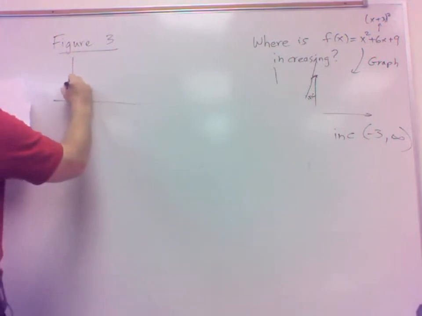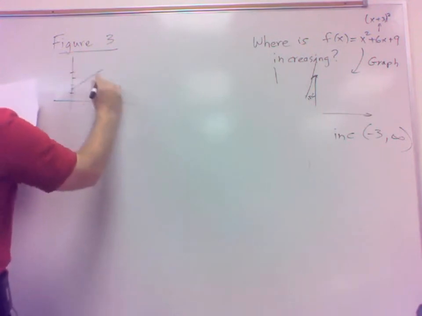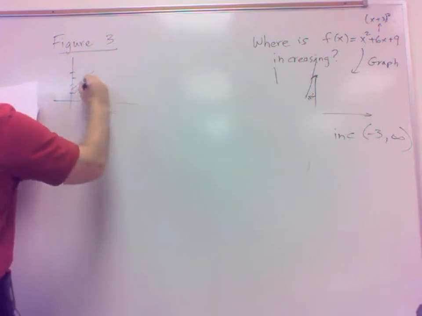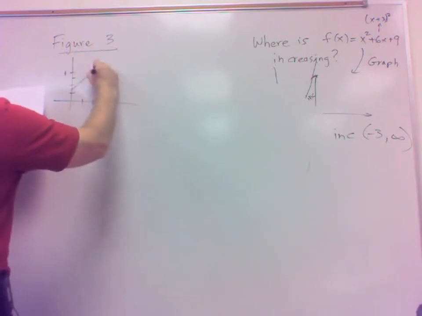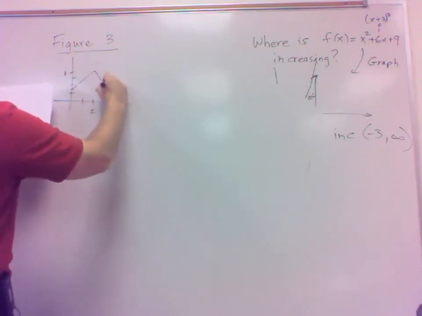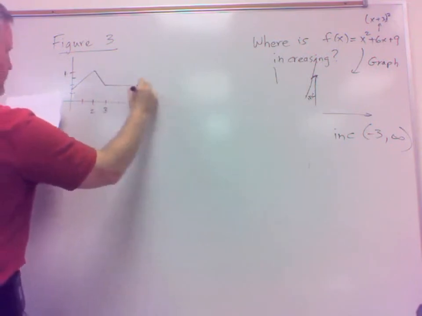At 1.5 we start, then it goes up to 2.4, I think, and then it peaks out and then drops down to 2 at 3, and then it goes out like that. Okay.